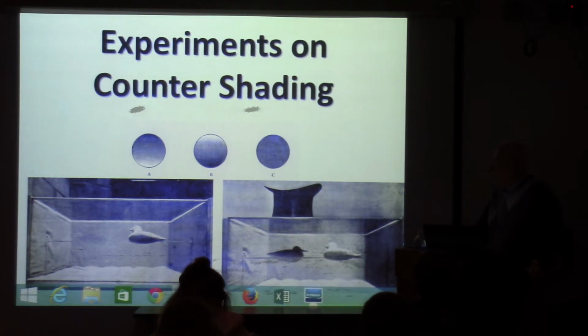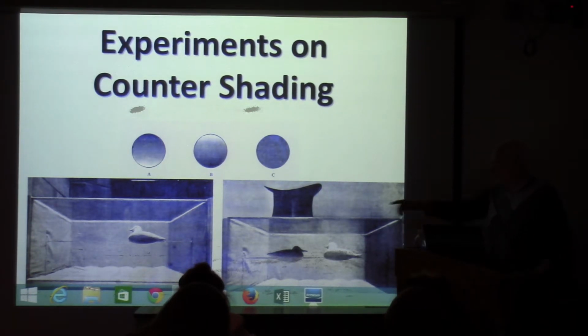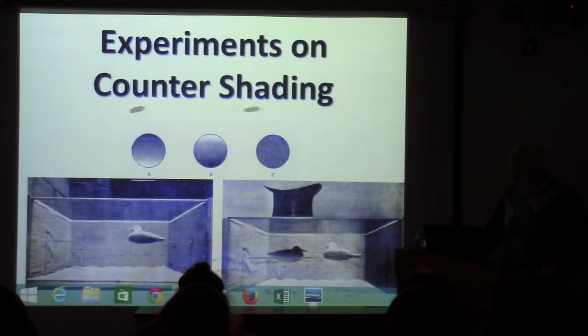If they're the same color all over, their top's going to look light, their bottom's going to look dark. If they're counter-shaded so that they actually have light on top, dark on the bottom, they're going to stick out like crazy.